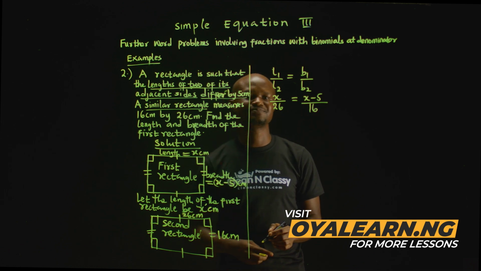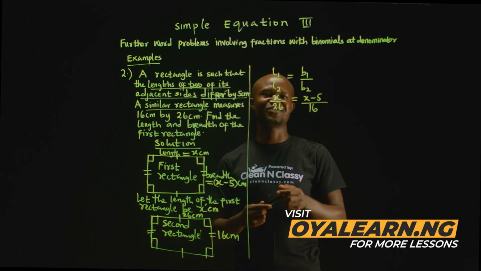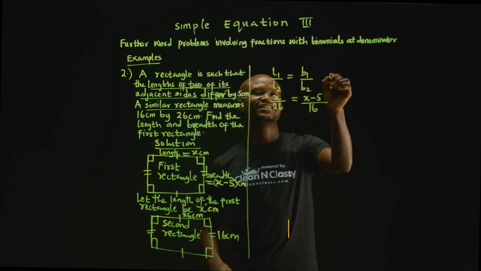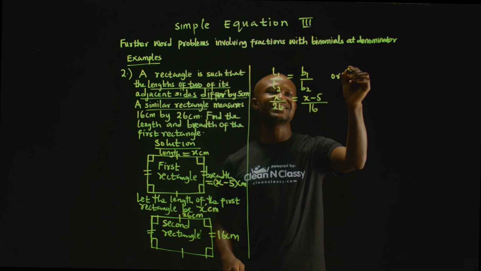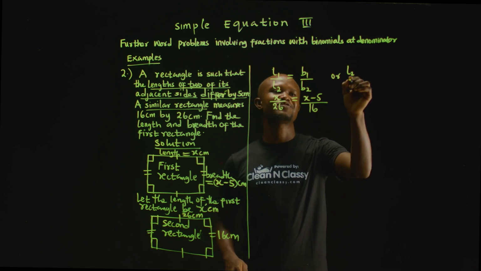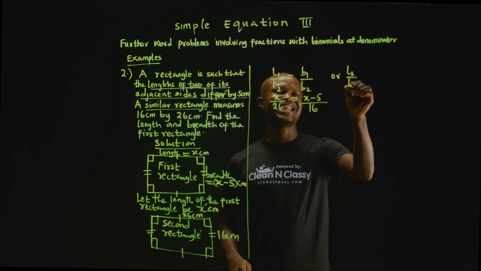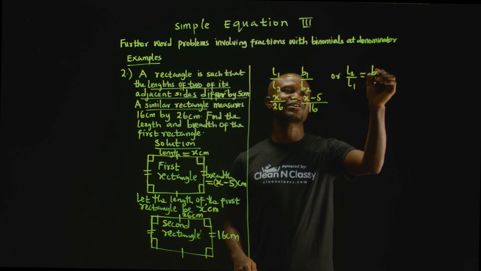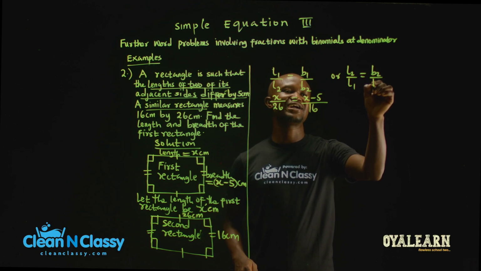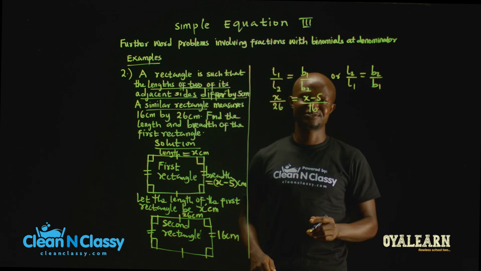Or we can write this as length of second rectangle divided by length of first rectangle equals breadth of second rectangle divided by breadth of first rectangle.